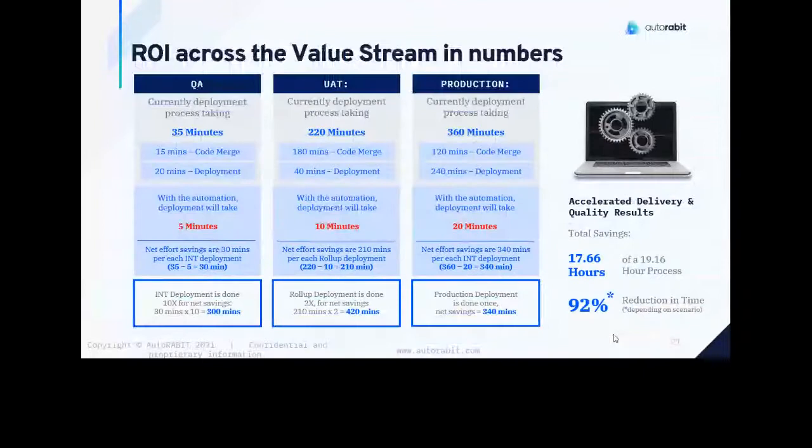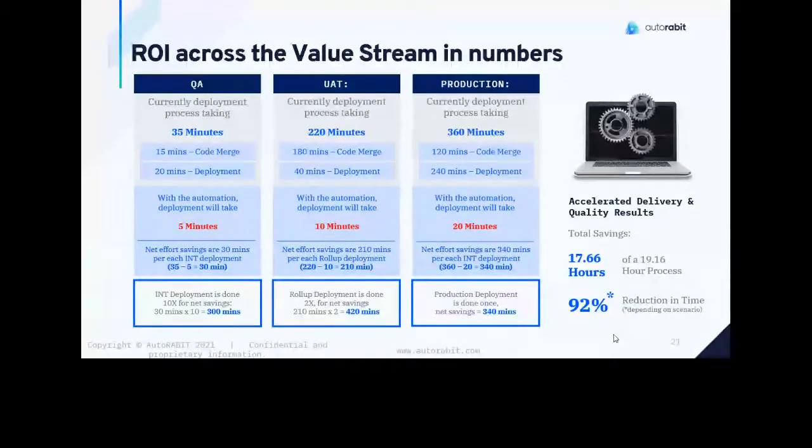And this is a sample ROI across the value streams today. I showed you before the process-wise or step-wise savings in terms of numbers, right? But there could be different problems in different companies, right?